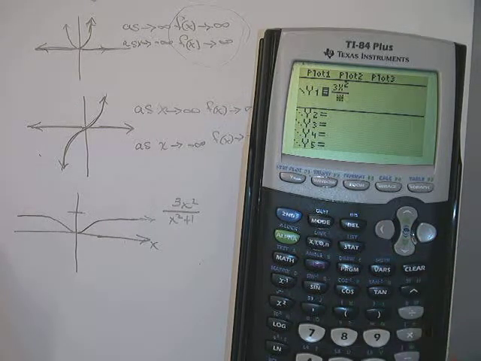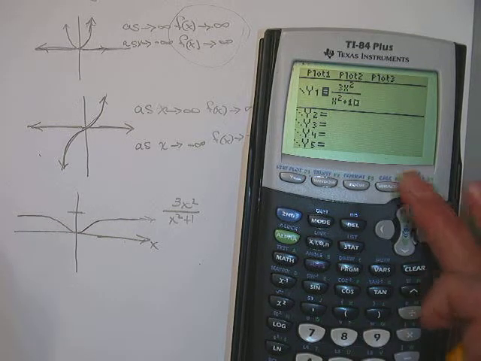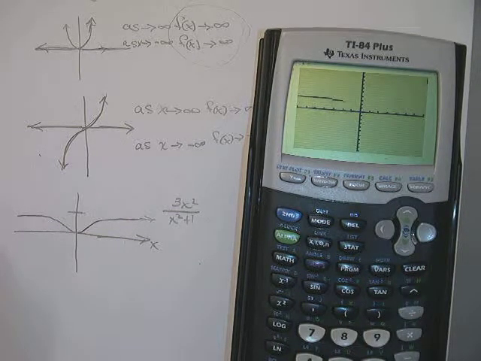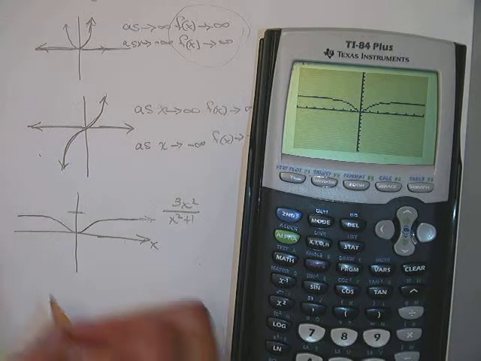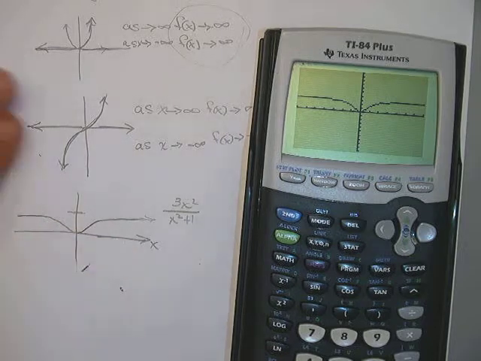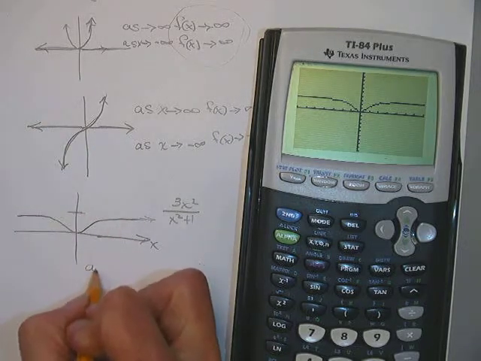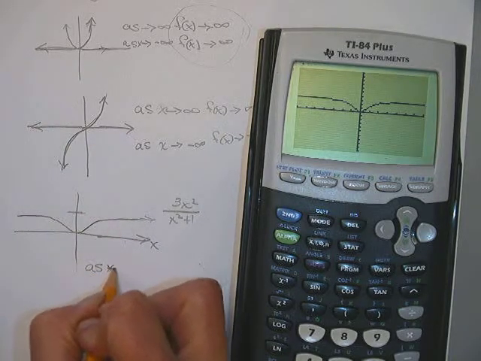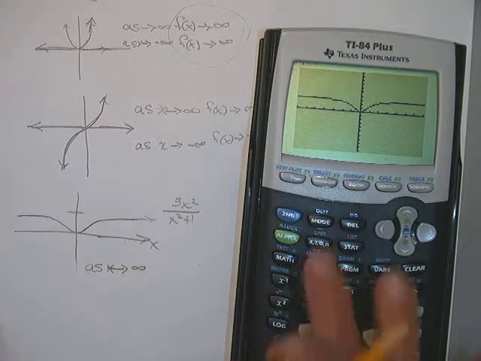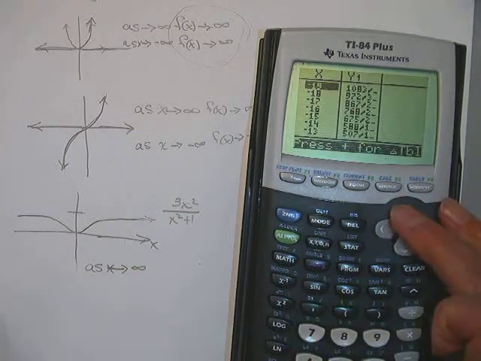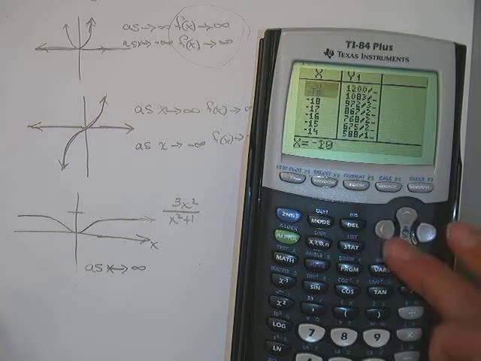So we have this function: 3x squared over x squared plus 1. We graph that function, and sure enough, it looks kind of like what I have right there. It flattens out. Again, the whole idea is that the bigger x gets, as x approaches infinity, we go to my table.